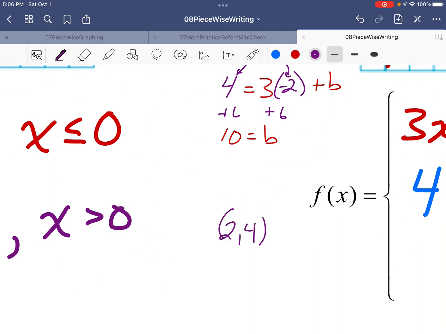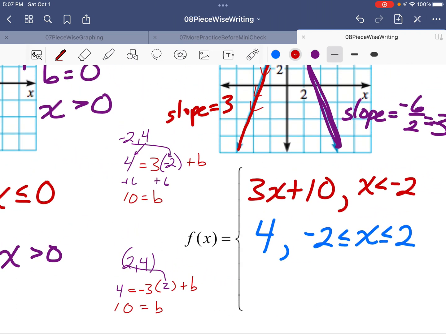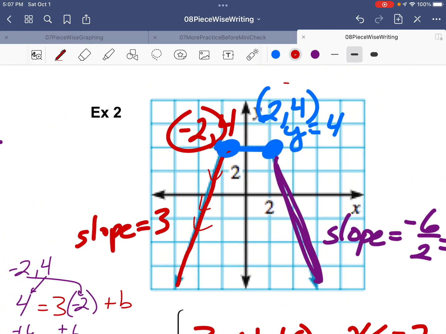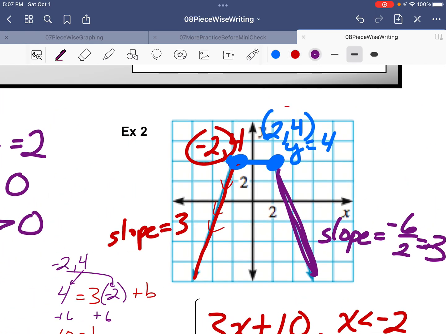You plug in the point 2, 4. That means we're plugging 4 in for y. Remember, my slope is negative. I'm going to plug 2 in here for x. And bingo, you get the same y-intercept at 10. And we want to conclude that the graph is going to the right of our starting point, the x value of the starting point.